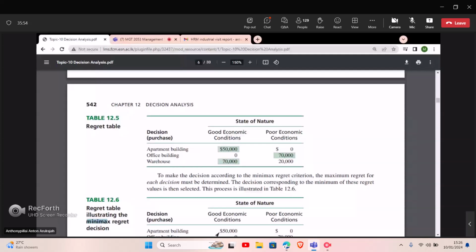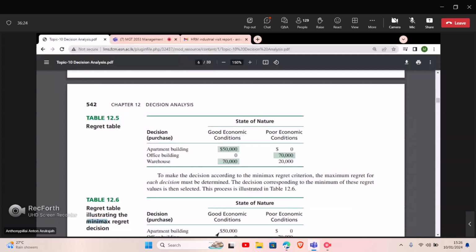Now you see, this is 50,000, 0, 70,000. Here 0, 0, 20,000. Using this, we can develop a regret table.